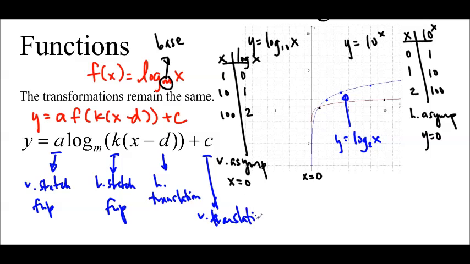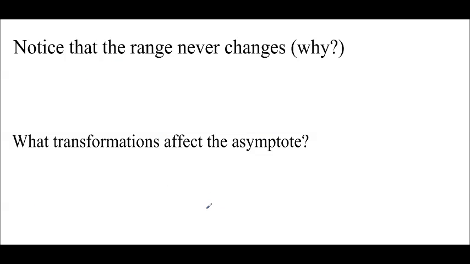Excuse my writing. So this question asks us why the range never changes. To answer that question, we're going to look at the graphs. So log base m of x could be different based on the m, the base. If m is greater than 1, then it's going to look something like this, where I've got the vertical asymptote and it approaches infinity off in quadrant 1.